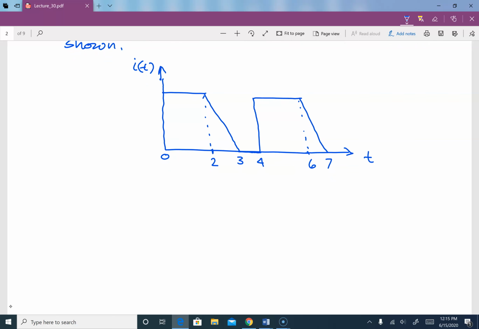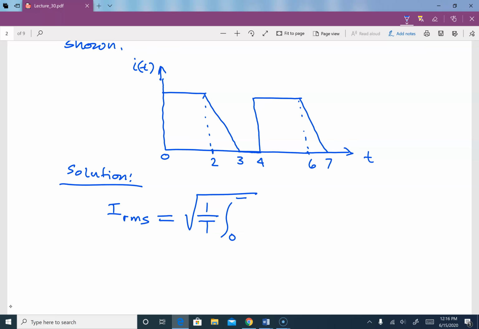So to get the RMS value, this is what we are going to do. Since the question is about current, then I RMS, the RMS value of the current, is equal to the square root of 1 over T, the integral from 0 to T of i squared dt.